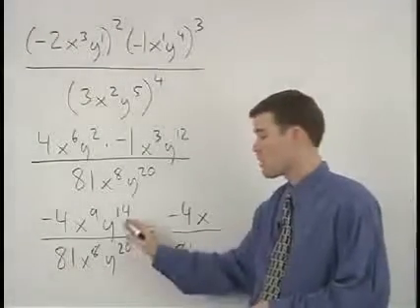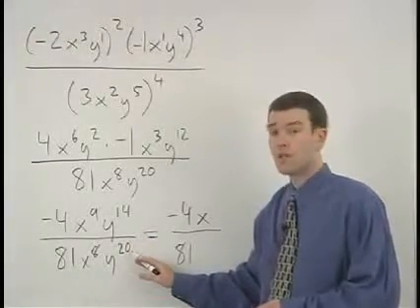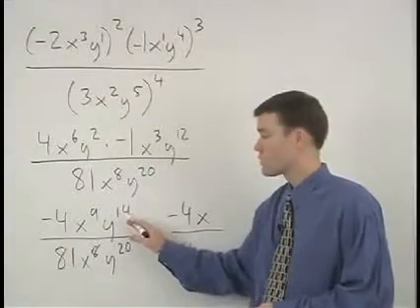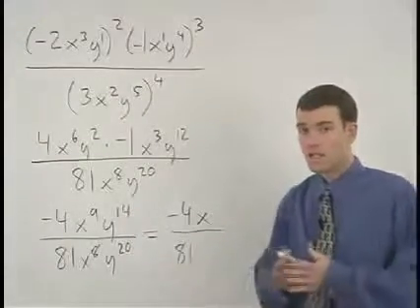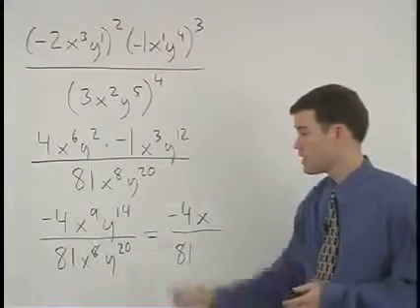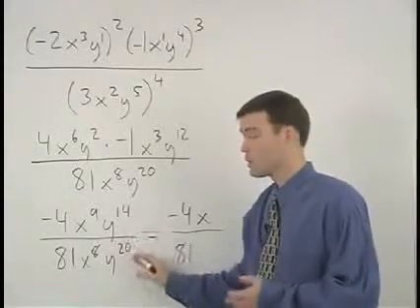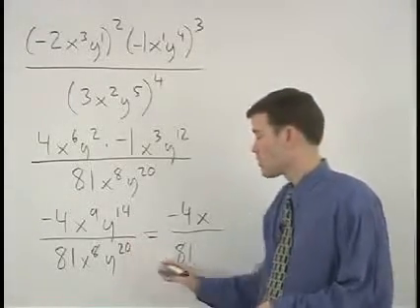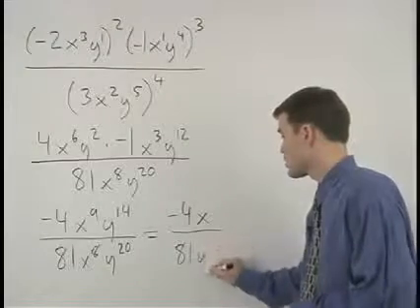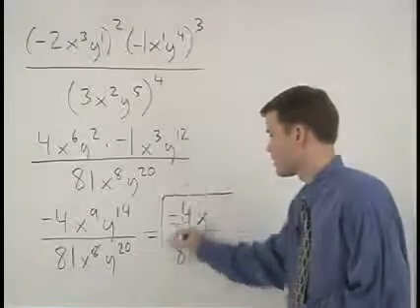And notice that for our y's, the exponent in the denominator is greater than the exponent in the numerator. In this situation, we still take the difference between our exponents, which is 6, but the y to the sixth goes in the denominator of your answer.